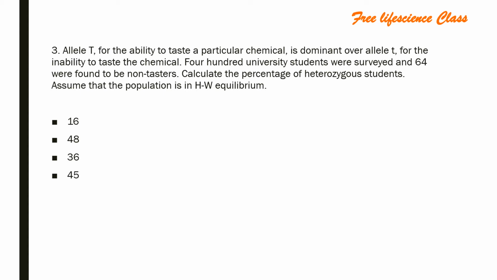In the question it is given that non-tasters, that is q square, the number is given as 64. The homozygous recessive is 64, so we have to find it into percentage.